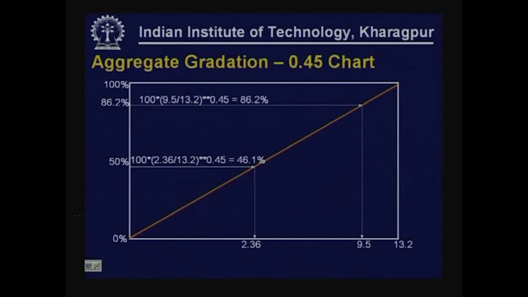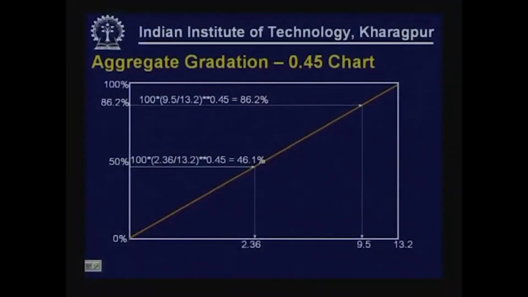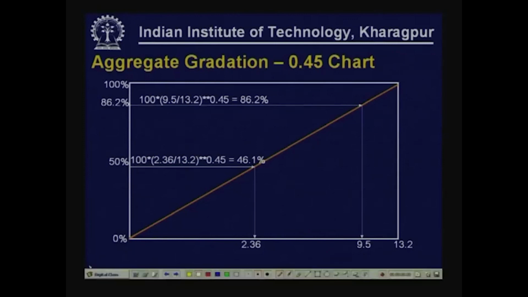This is a typical aggregate chart that is used and given by FHWA. How this is developed is, for example, if you are considering the previous gradation that we have considered, where the maximum size of aggregate is 13.2, through which 100% is passing, we will take a convenient y axis and divide this equally. So, this is the normal scale.